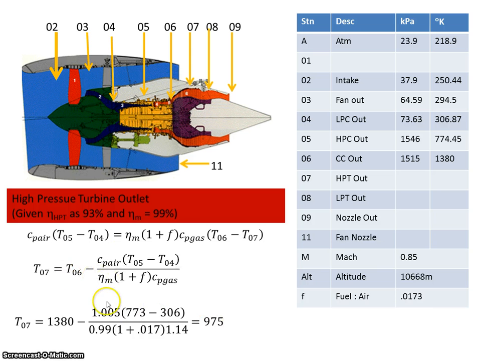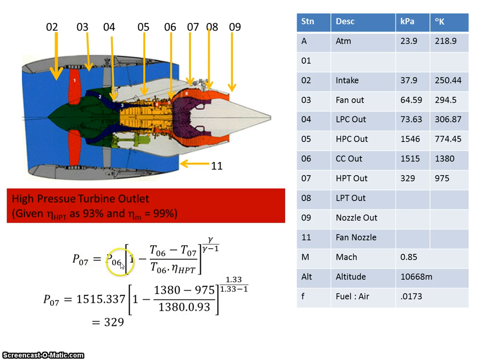So we had T6, and we had what the specific capacity of the air is. We had T5, we had T4. The mechanical efficiency of the shaft, we're given that. And the fuel to air ratio, we calculated that previously, and specific capacity of the gas was given to that. When we plug all those numbers in, we get 975 degrees Kelvin.